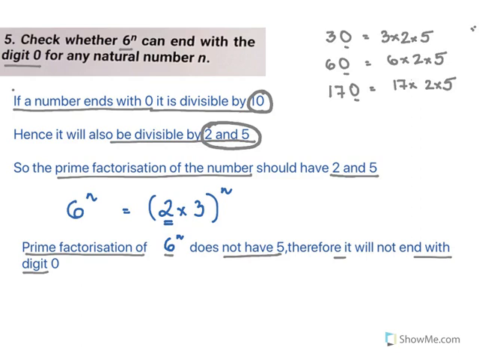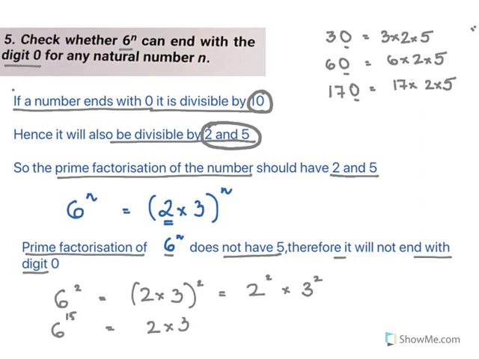Let me explain this again. Suppose you have 6 raised to 2. It would be 2 into 3 raised to 2, which will be 2 raised to 2 into 3 raised to 2. No 5. It cannot end with 0. Suppose we have 6 raised to 15.